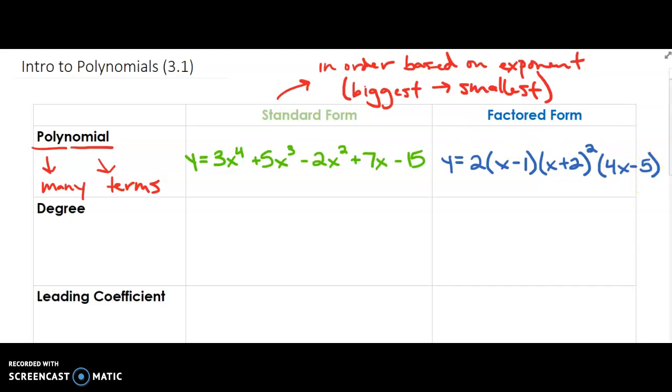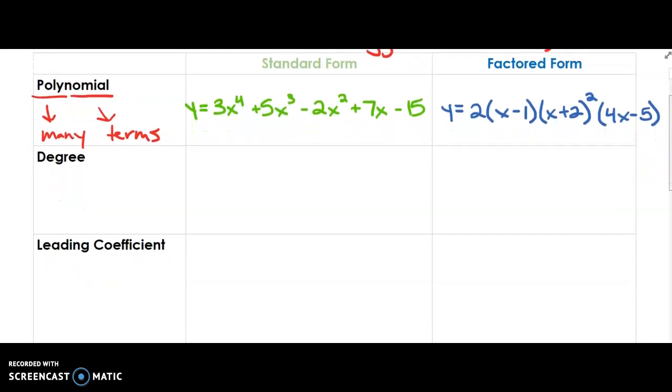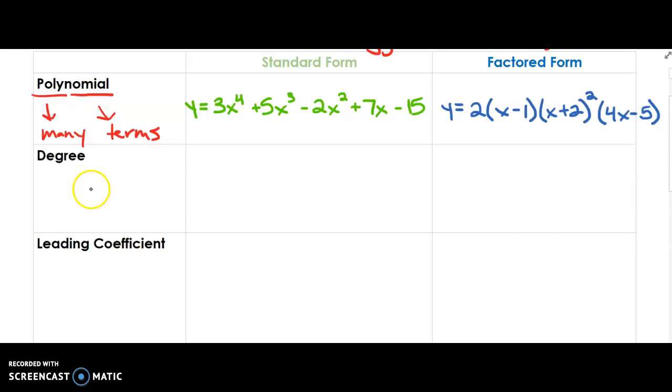Now let's go ahead and talk about a vocab word having to do with polynomials, and that is degree. When I'm talking about degree, I am talking about the biggest exponent I see when my polynomial is in standard form. So under the standard form column for degree, I'm going to say that's just going to be whatever my highest exponent is.